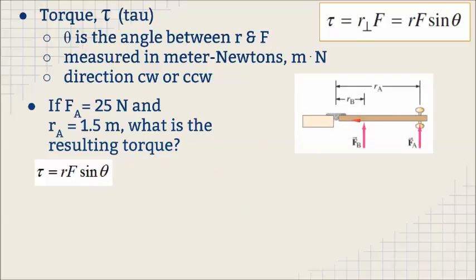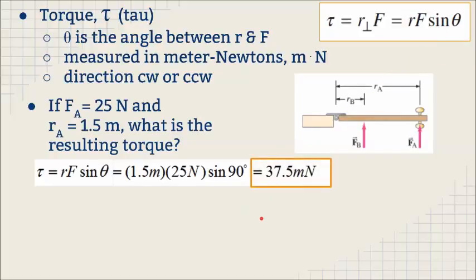R goes out this way, and F is perpendicular to it. So the angle is 90. And as you remember from trigonometry, the sine of 90 is 1. So if R and F are already perpendicular, we can just ignore the sine of the angle in the formula. So this calculates to 37.5 meter newtons.